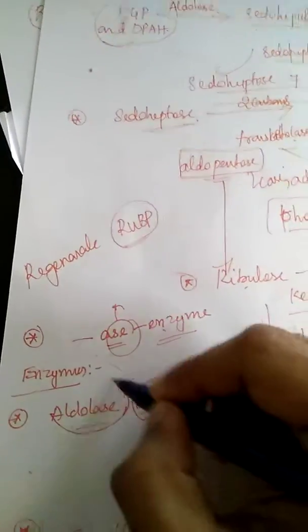Another important enzyme used is aldolase. This is also an important enzyme. Let me write down the list of the enzymes we used.